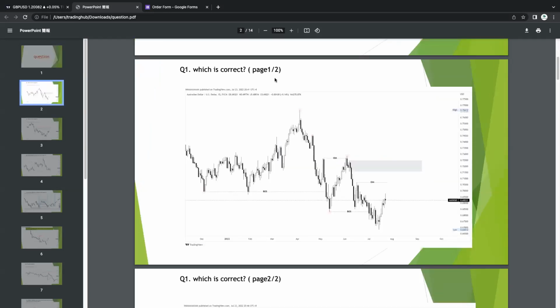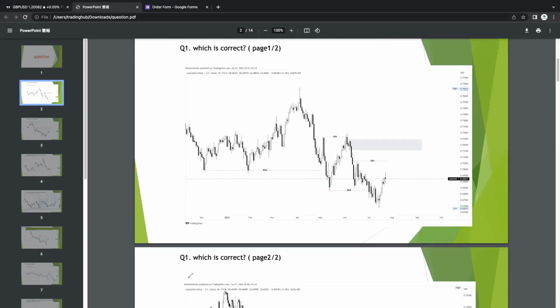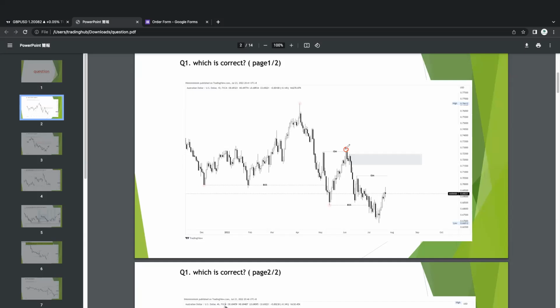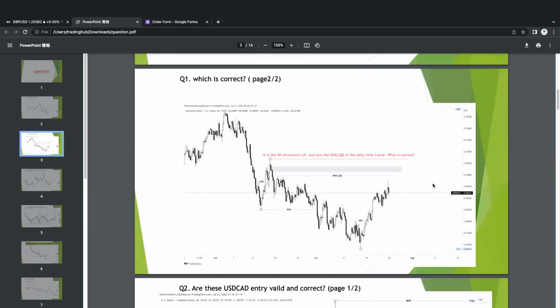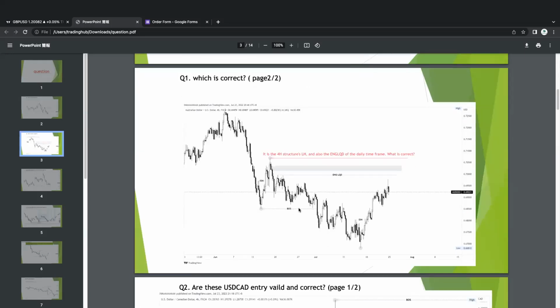Which one is correct? Okay, BOS, inducement taken out. Yes, we can sell here, of course. First entry is here. Again BOS, taken out the inducement. We can sell here, which is correct. This one is correct. Next question: this one, taken out inducement, BOS, inducement, engineering liquidity, correct.